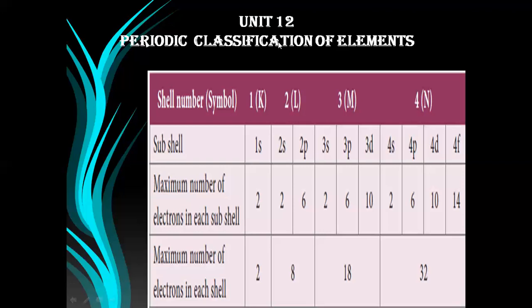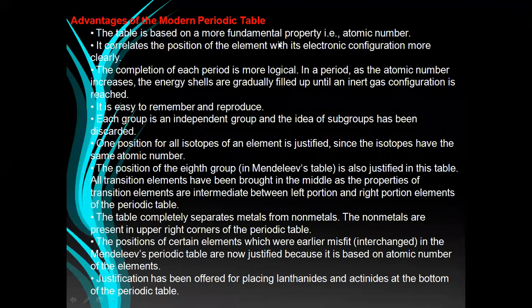The next topic is the advantages of the modern periodic table. The first one is that it is based on a very basic property, that is, atomic number. The modern periodic table is based on atomic number, but Mendeleev's periodic table was difficult, as it was based on atomic mass.